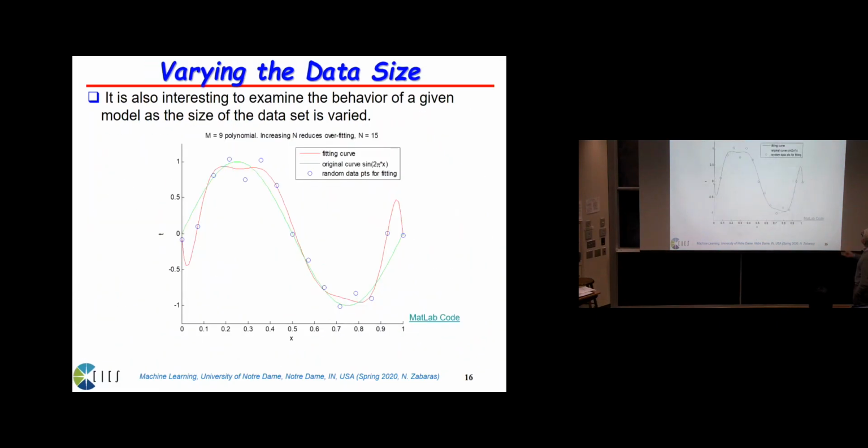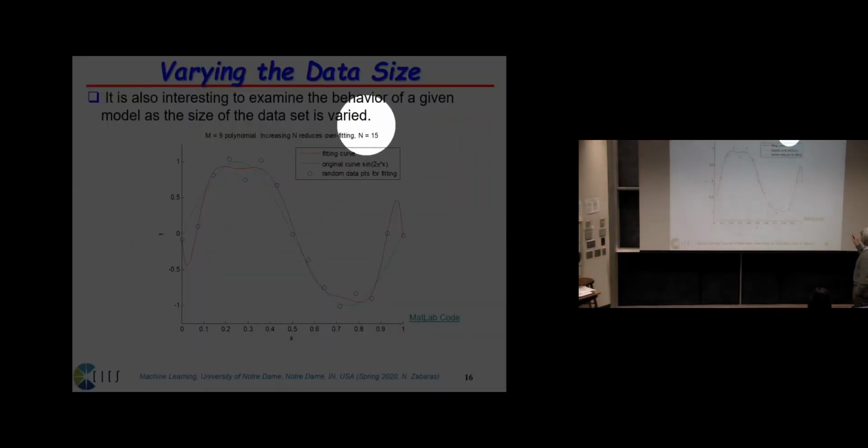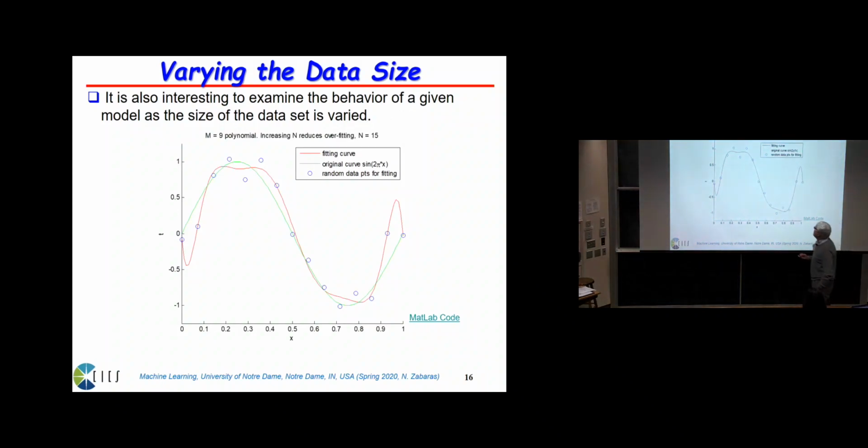If you increase the data points to 15, and you use a 9th order polynomial as before to fit these 15 points, you see that the overfitting is not as significant as before. So the more data you have, the less severe the overfitting problem becomes.